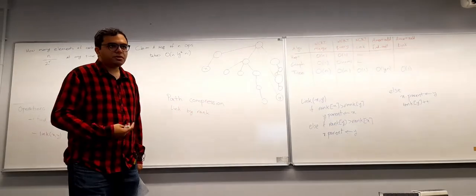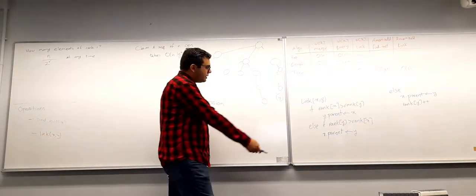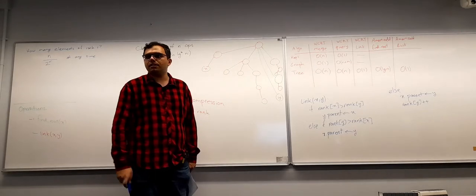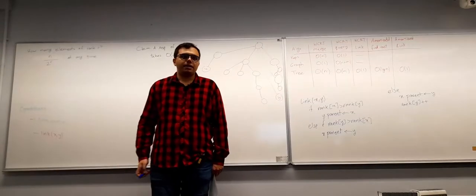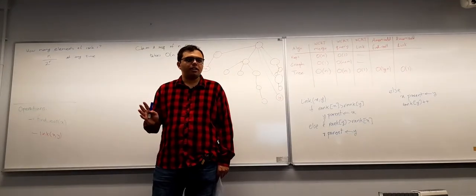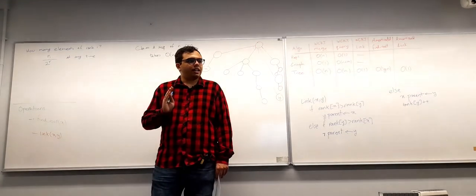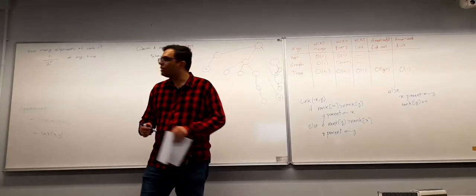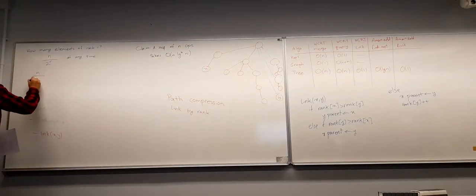If you look at how we were defining our ranks, you see that our ranks are always increasing. They're never decreasing, right? So if I have an element that at some point had rank R, at the end of this sequence of operations, it will have a rank of R or higher, right? So I know that there are at most these many elements that can have rank R at the end.